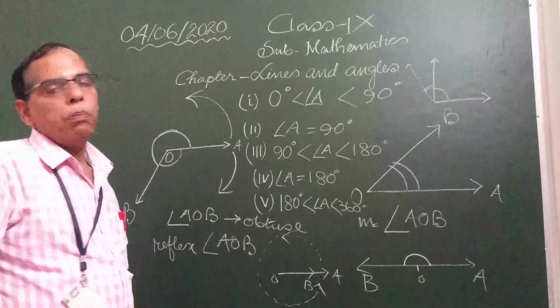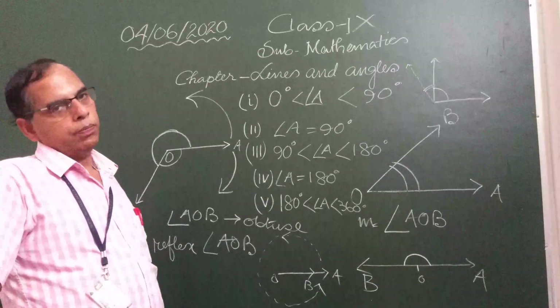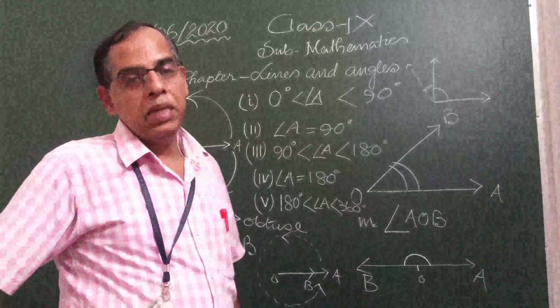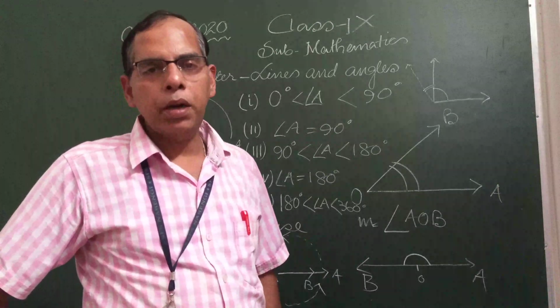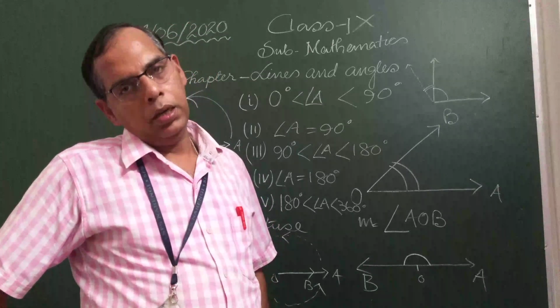Then it is a complete angle. So what is the measurement of a complete angle? 360 degree. Measurement of a circle. What is the measurement of a circle? Measurement of circle is 360 degree.